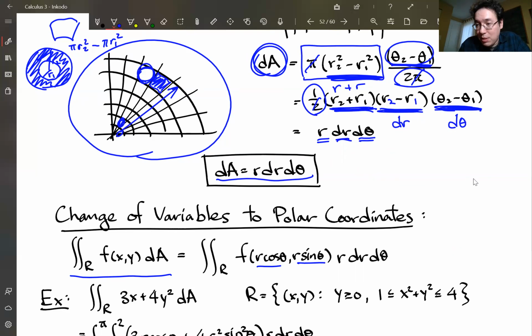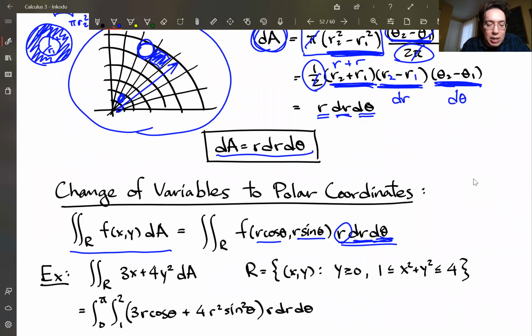That's the substitution. And of course, when we change the variable, we distort the grid, but we can make up for it by changing the dA into r dr d theta. So dr and d theta behave the way you expect with the integration, but you get an extra factor of r inside of the integral, and you don't want to forget that.